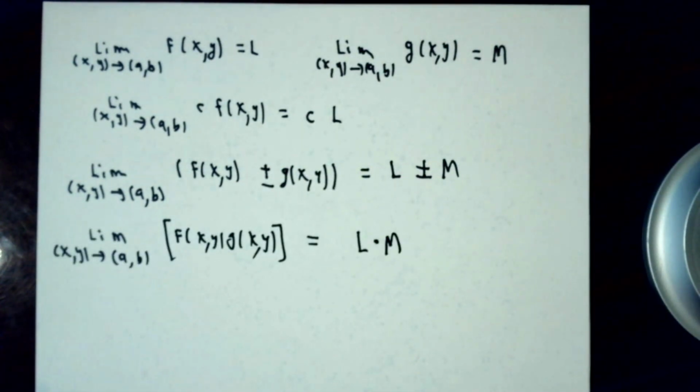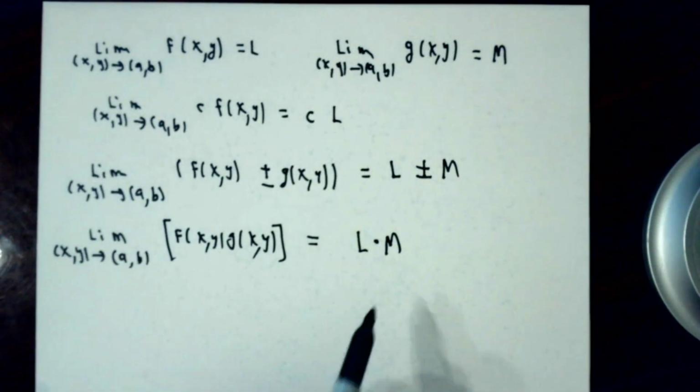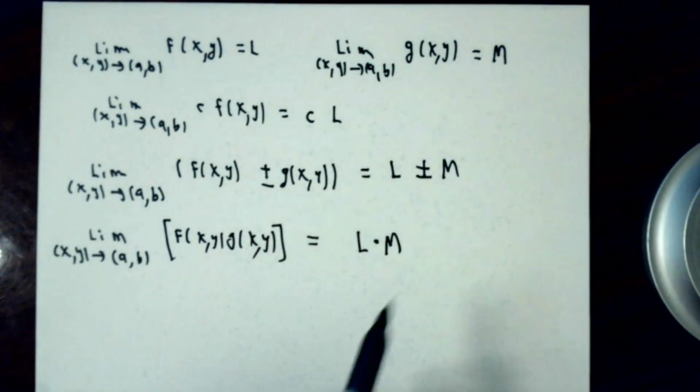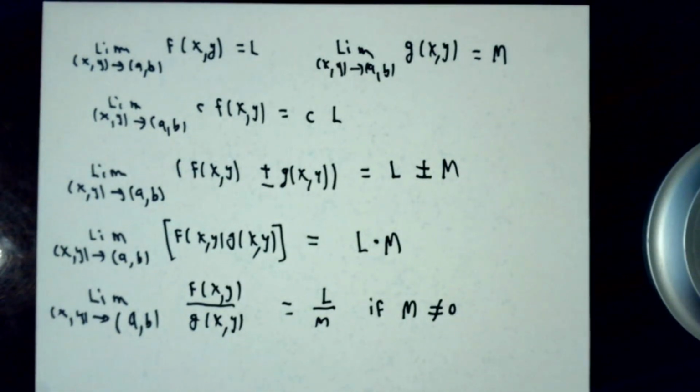Likewise, the limit of the product of two functions can be found by taking the limit of f by itself, the L, the limit of g by itself, the m, and multiplying them together. Similarly, the limit of a fraction of two functions is the limit of the top of the fraction divided by the limit of the bottom of the fraction, provided that the bottom isn't 0, of course.